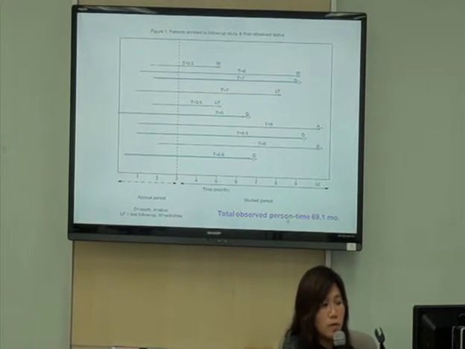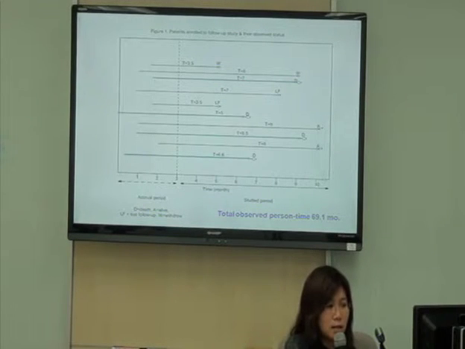The total observed time is 69.1 months, and D means death, W means withdrawal, and a stop like this is lost to follow-up. And the end of study is over there, around 10 months after follow-up.